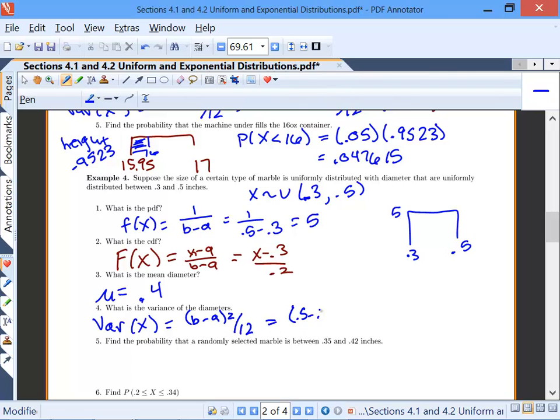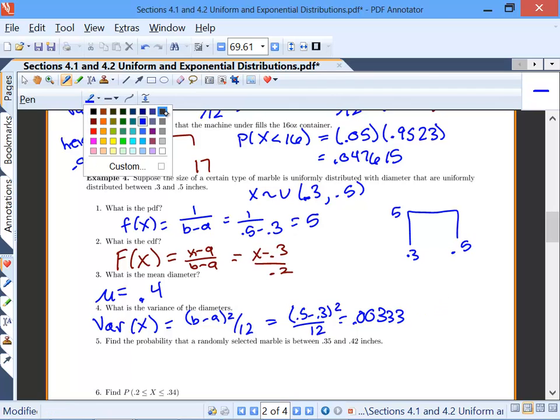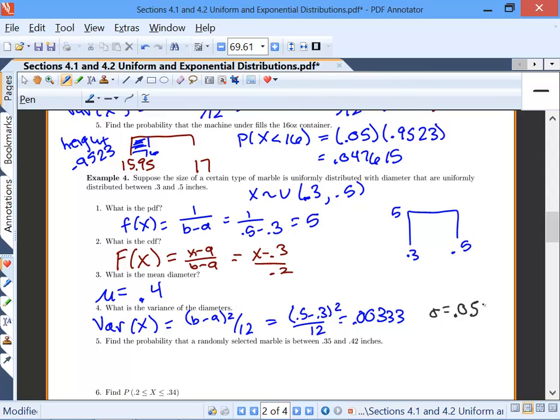So 0.5 minus 0.3 squared over 12. 0.00333. And to find the standard deviation, I just take the square root. 0.0577.